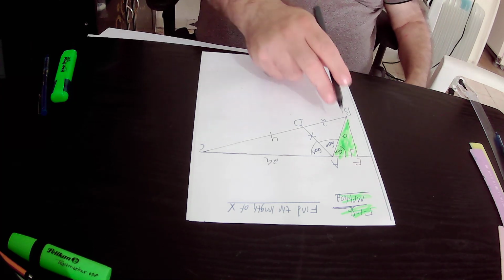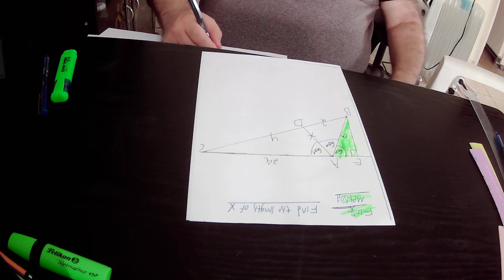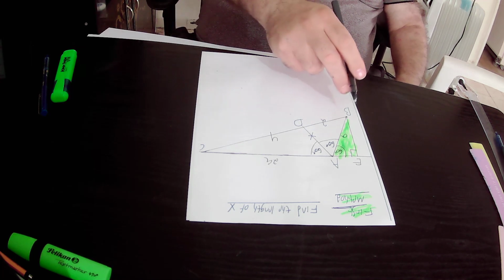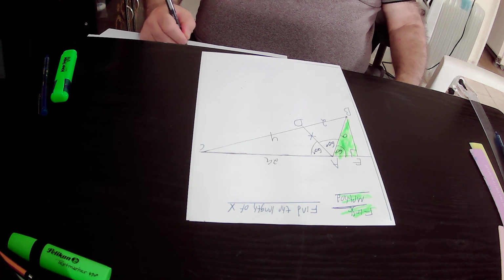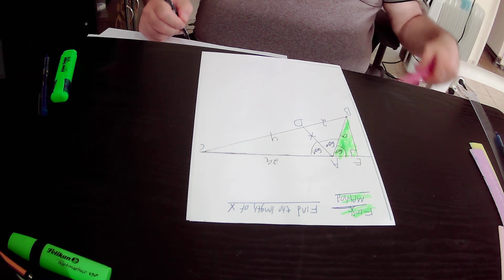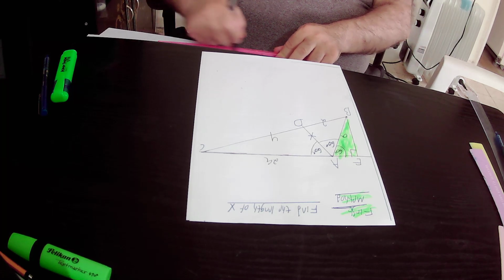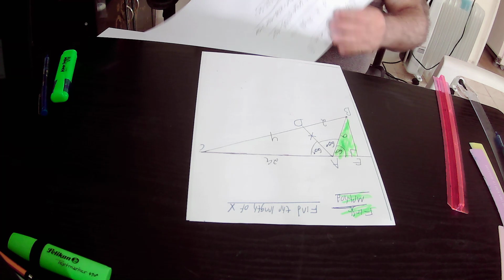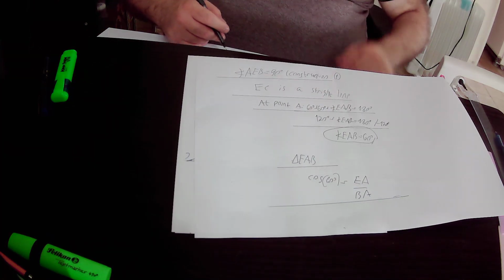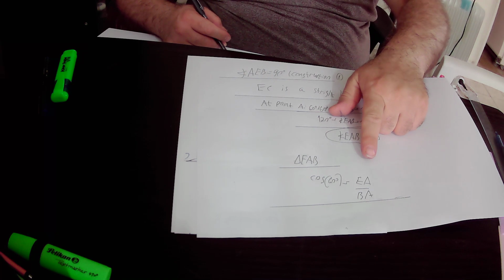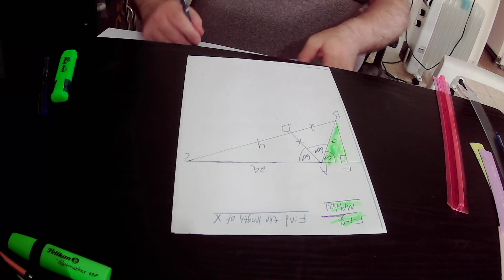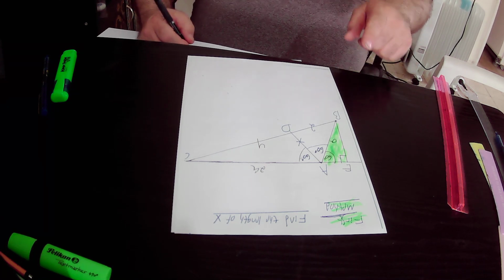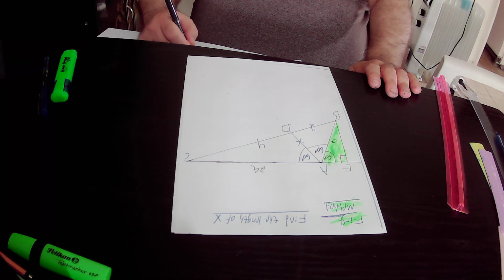We know that in the right-angled triangle EAB, cosine 60 degrees equals EA over BA.